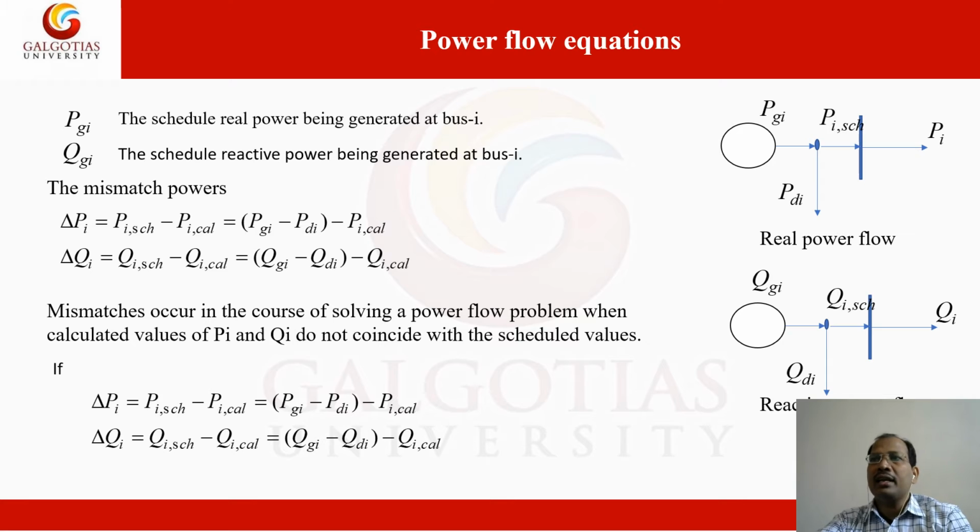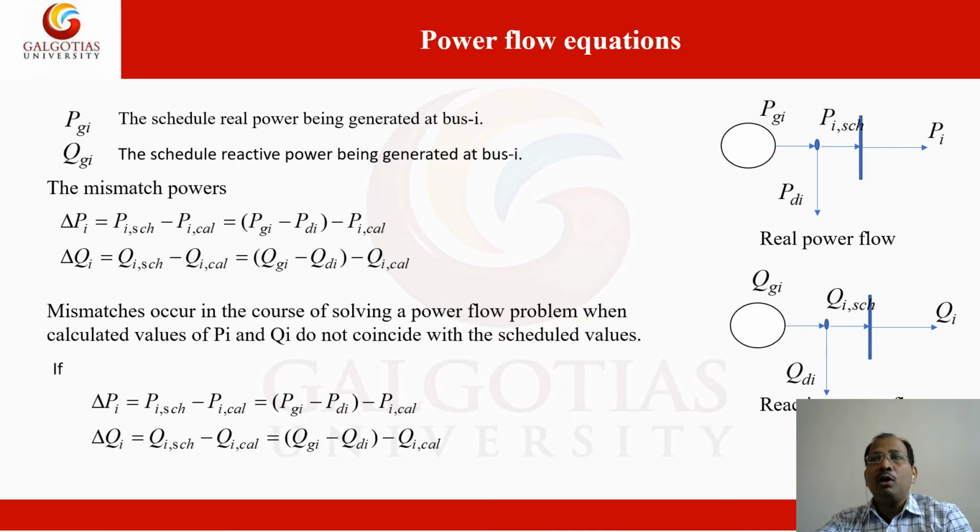So PGi and QGi are the generated powers at a particular i, and PDi and QDi are the demand active and reactive power at that bus. So we can calculate the scheduled power for a particular i as generated power minus demand power. So Pi schedule is equal to PGi minus PDi. Similarly for the reactive power, Qi schedule is equal to QGi minus QDi.